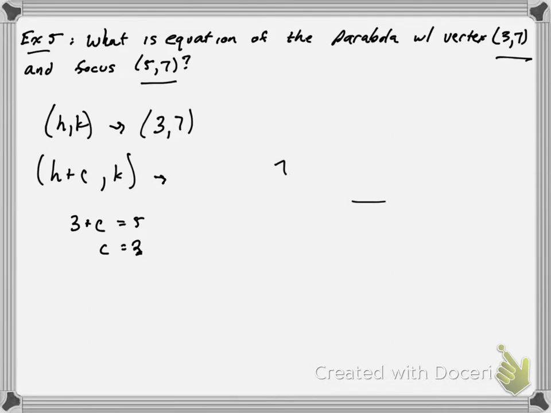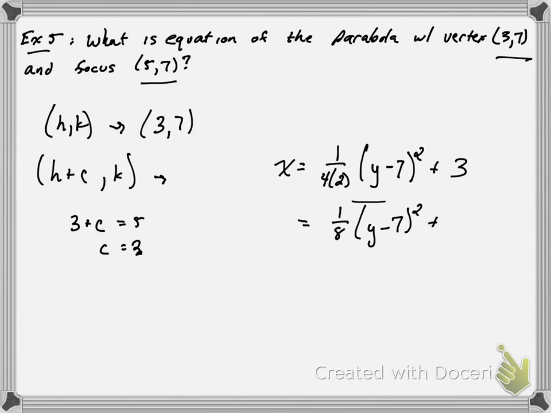We know that x changed, so we start with x equals 1 over 4 times c, so 4 times 2, times y minus k, which in this case is 7, squared, plus h, which is 3. We end up with x equals 1 over 8 times y minus 7 squared plus 3.